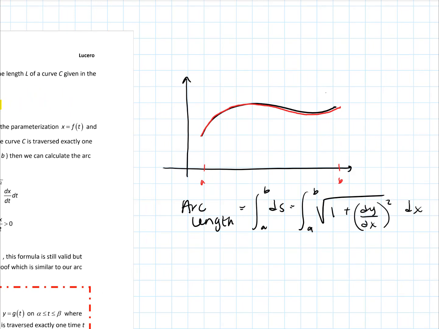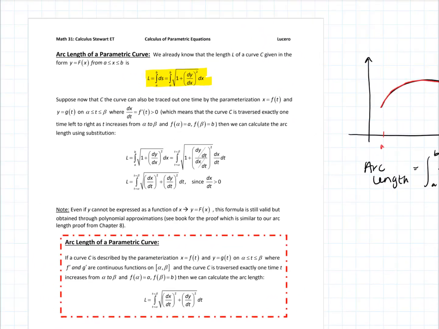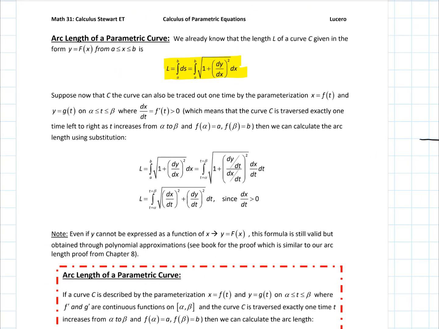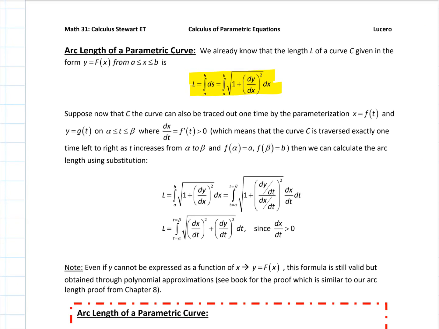But here we're talking about just in general, arc length, integral from A to B of this 1 plus dy dx. But we showed earlier in this section that to find the derivative dy dx, if you have a parameterization, that's the same as dy dt over dx dt. So we can make those substitutions here.